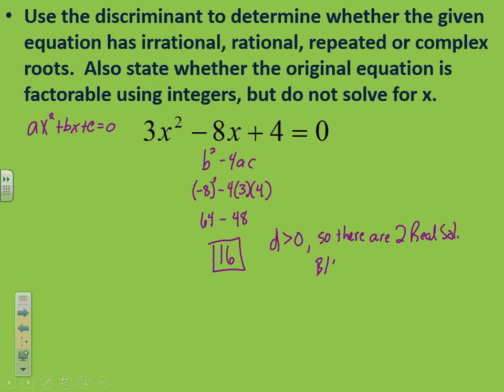So because the discriminant is a perfect square, the roots will be rational.